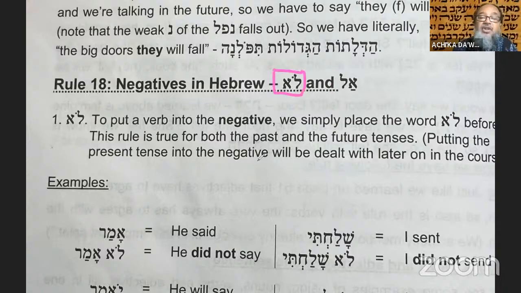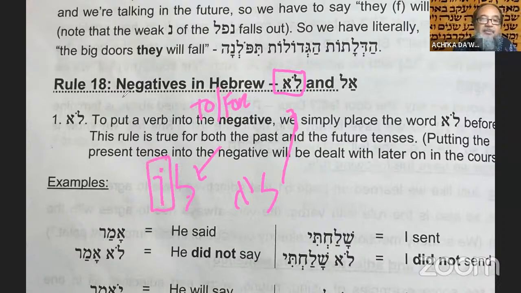Lo also means no or will not, right? Lo right here is the one that we're studying, but there's also one called lo this way. It's a lamed with a dot over the top called lo. Okay, this is a preposition. It means to or for, and then our ending that you studied means him. So to or for him, lo means to him, right here.